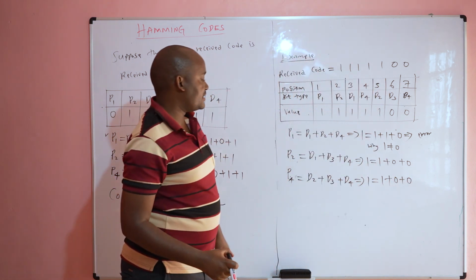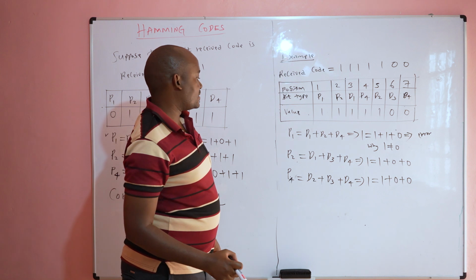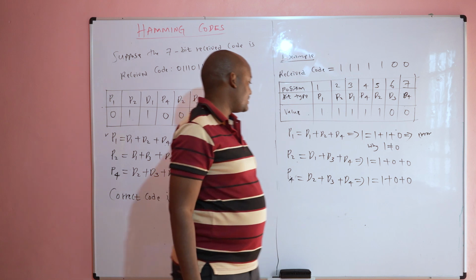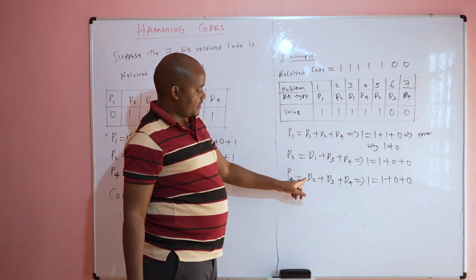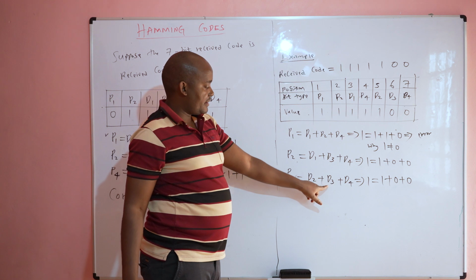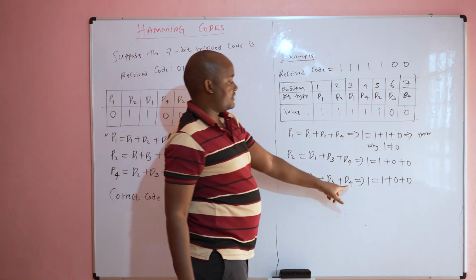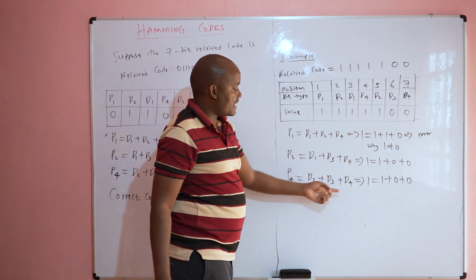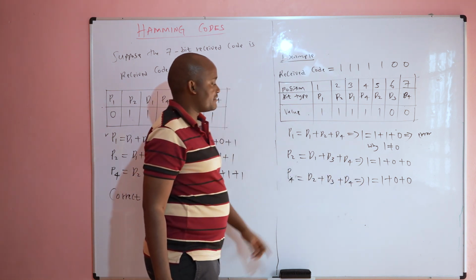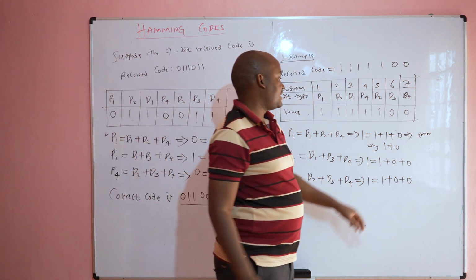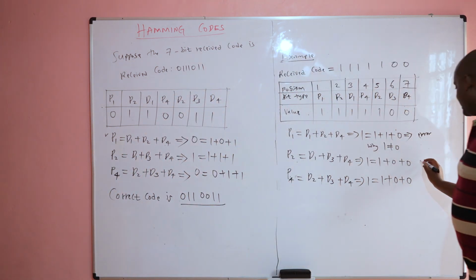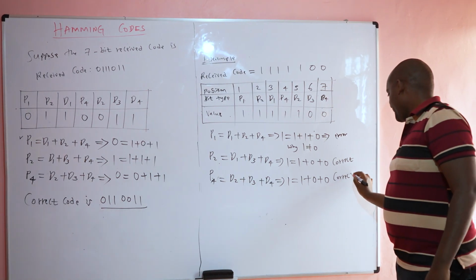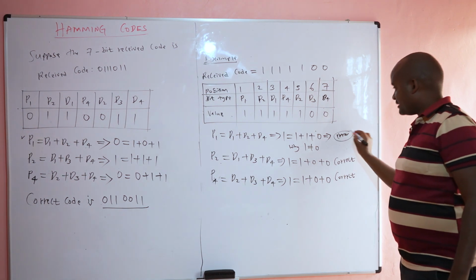What is 1 plus 0 plus 0? It is going to give us 1, and in our P4 we are having it as a 1. So meaning that there is no way this error will be in D2, D3, or D4, because if they had an error, then we could have gotten an incorrect value here. So this is correct. The error is only here.